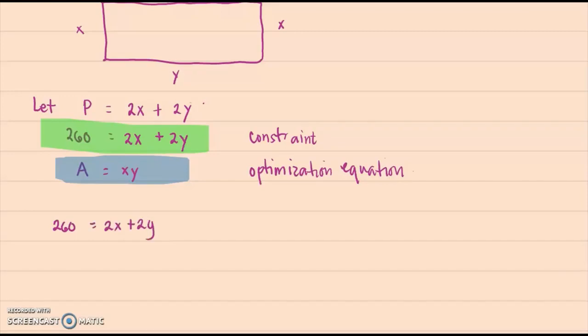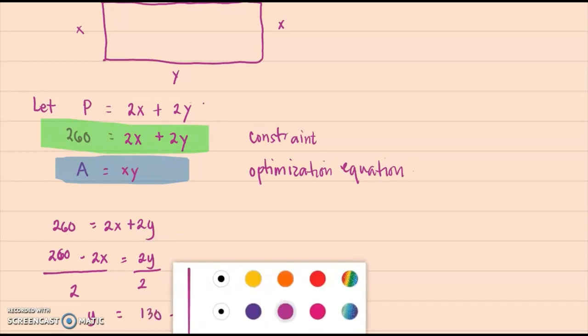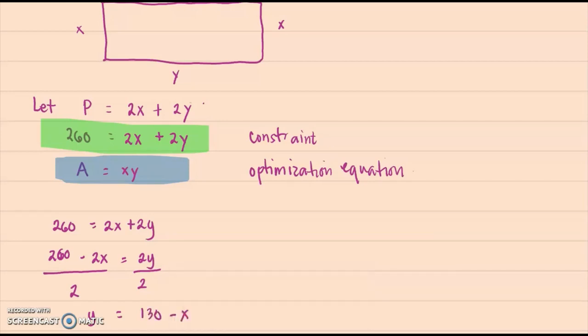Solving for y, we have 260 minus 2x equals 2y. Okay, divide by 2. So you have here y is equal to 130 minus x. Let's highlight that, because we are going to use that later.